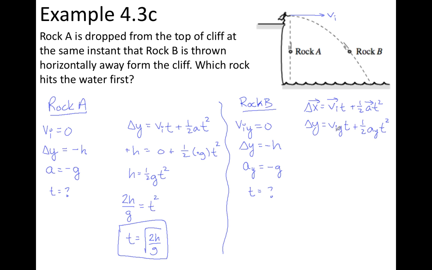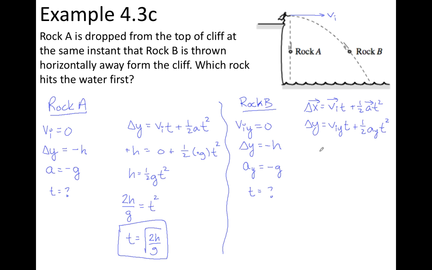So where I have initial velocity, which is a vector, I put in a y component subscript. Same thing for the acceleration. The acceleration in the y direction would get a y subscript.